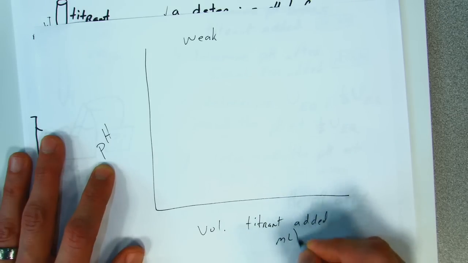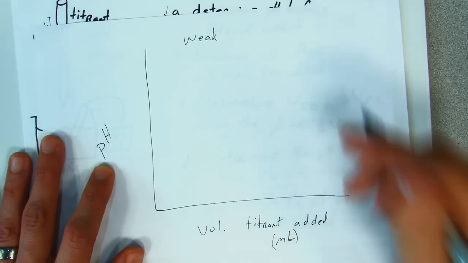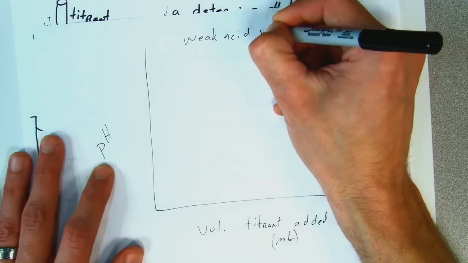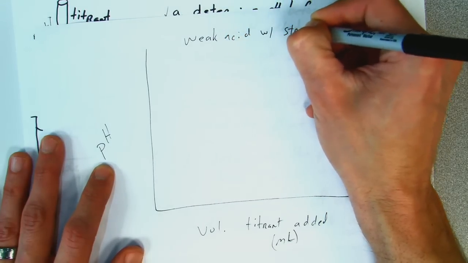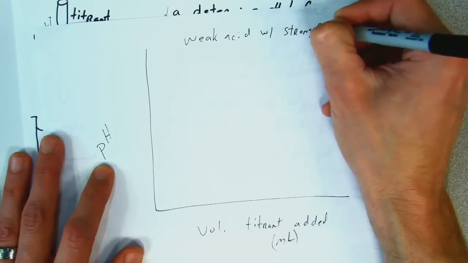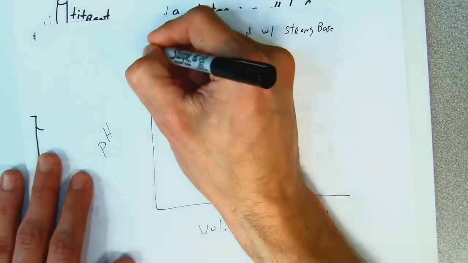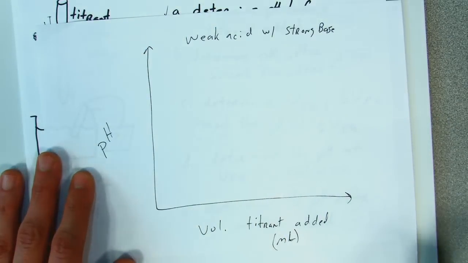That's usually in milliliters, okay? And here that titrant's a strong base, so this is a weak acid with a strong base titration. So pH versus volume of the titrant added.